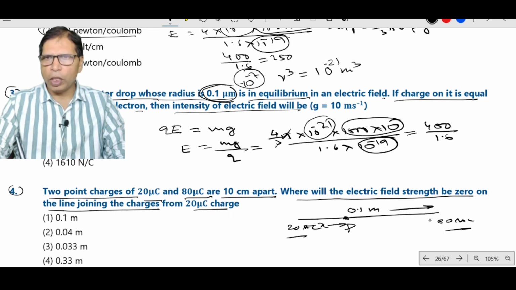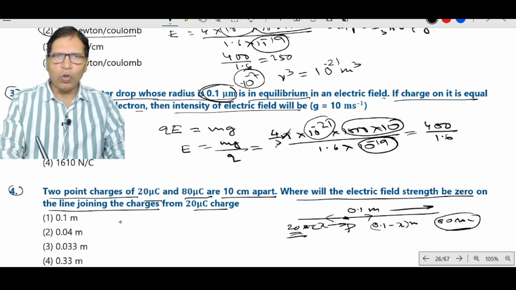So distance of this point from the 80 microcoulomb charge is 0.1 minus x meter. No problem. Look at this, due to this charge, electric field is directed along this direction, and due to this charge, electric field is directed along this direction.